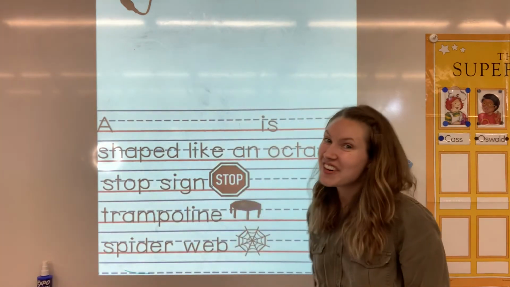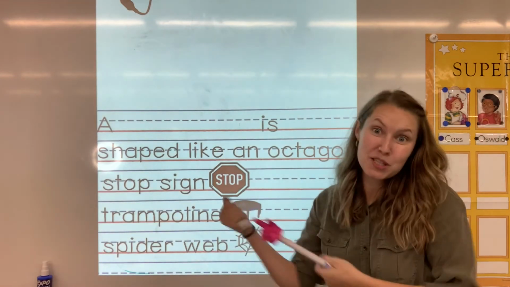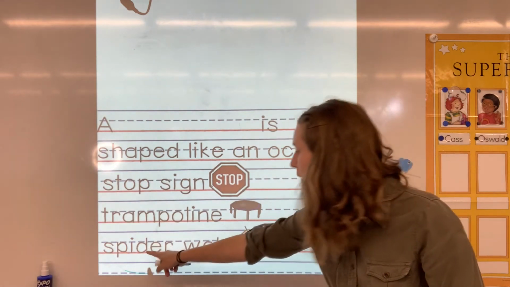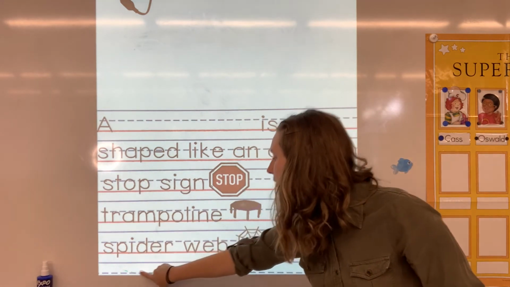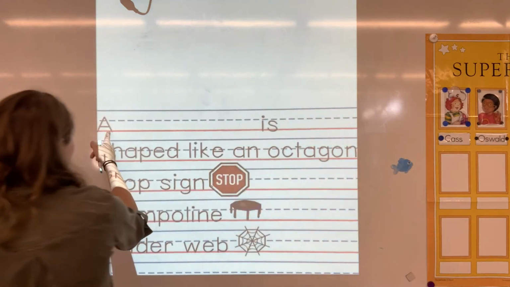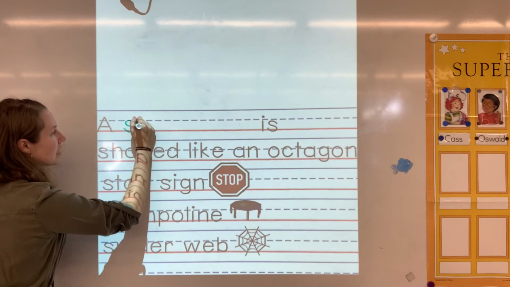I think I want to write about a spider web because it's fall and I think they're spooky and it's almost Halloween. So I'm going to write my 2 words, spider web. So in my area where there's a blank, I have A, and then I'm going to write spider web.